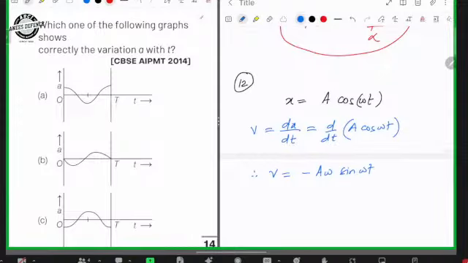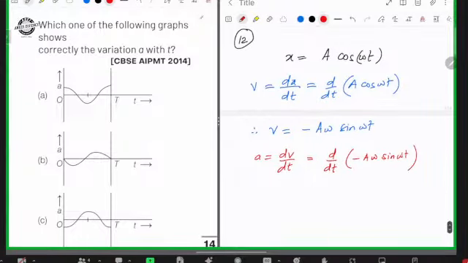Now again differentiating velocity to get acceleration. Acceleration is equal to dv by dt. Therefore, d by dt of minus A omega into sine omega t. So acceleration is equal to minus A omega square, differentiation of sine is cos omega t.